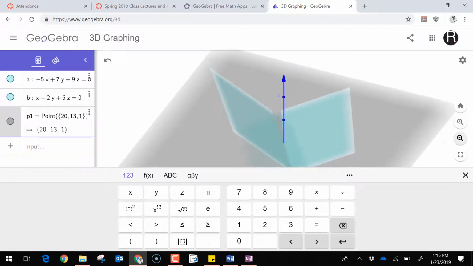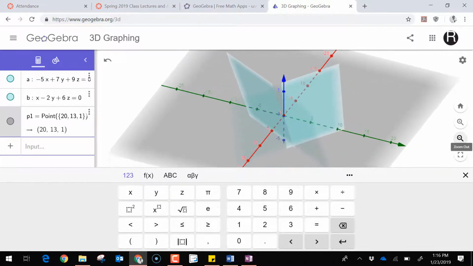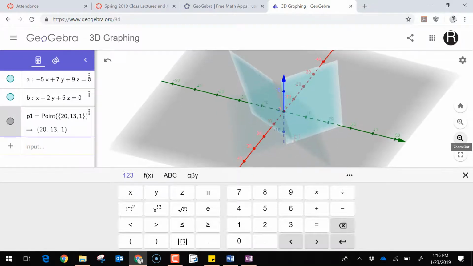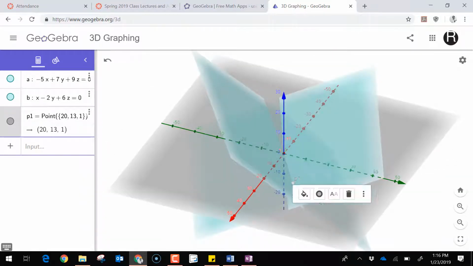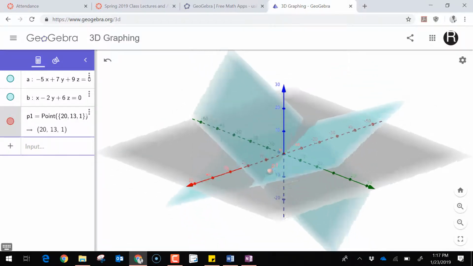Oh, that's zooming in. There's that point. Make it red. Make it bigger. It's not red.